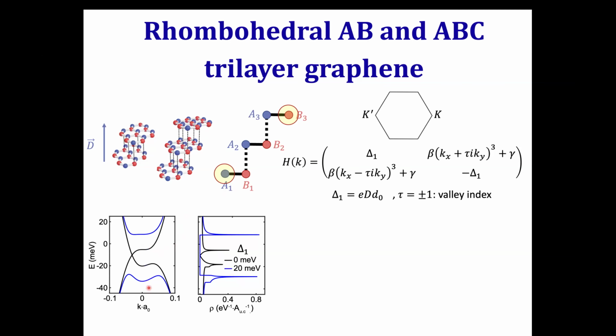And you see the gap opening, and you see this very, very flat dispersion at the edges of the two bands. Okay, and this flat dispersion corresponds to a huge peak in the density of states. It's this peak, of course, that would give rise to interesting physics. It's an interesting contrast with the case of a Moiré lattice, like twisted bilayer graphene.